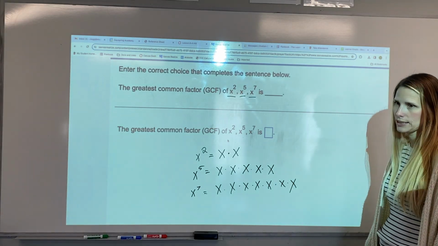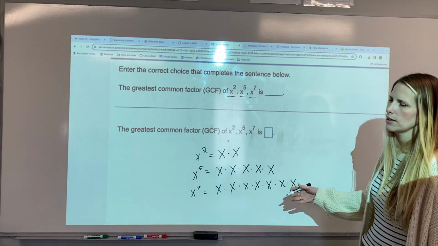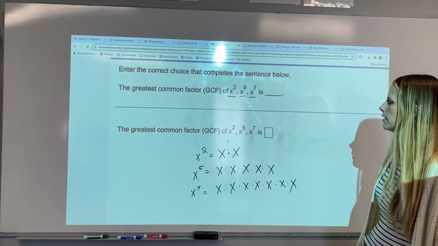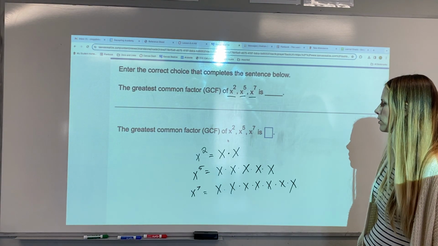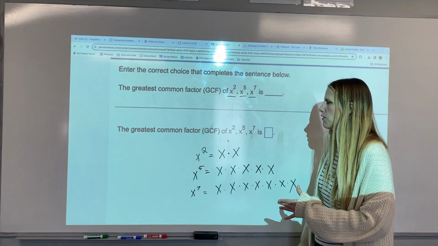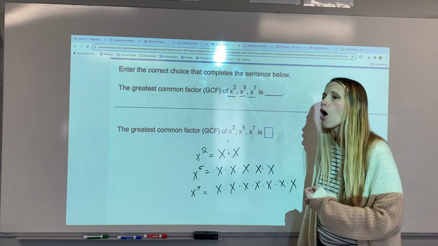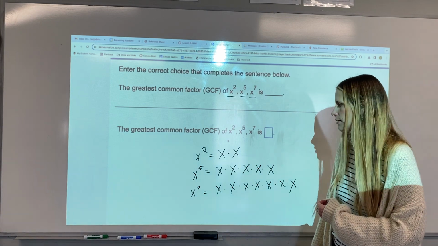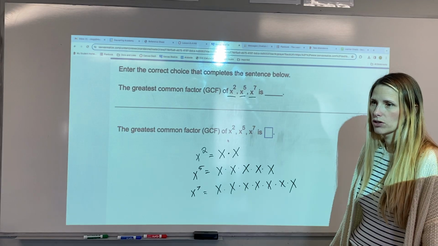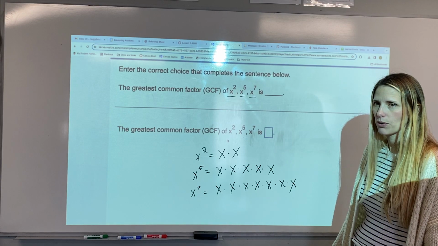We won't always have to do this. Once we see the simple way to do it, we'll be able to just shortcut it. But that's actually what they look like. Now we're looking for the greatest factor that they all have in common. What are we actually looking at? The lowest exponent, right?